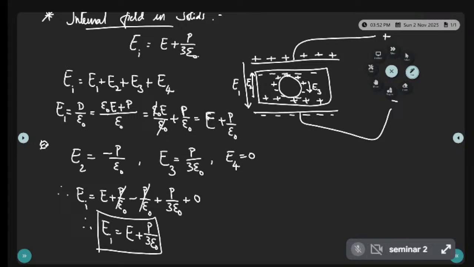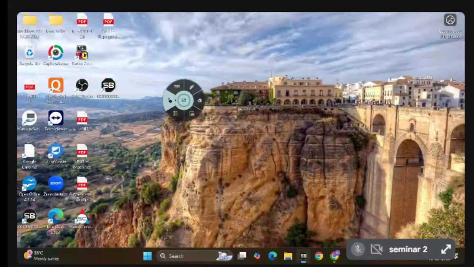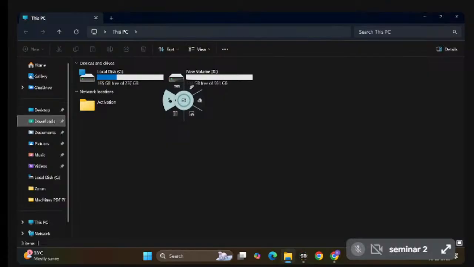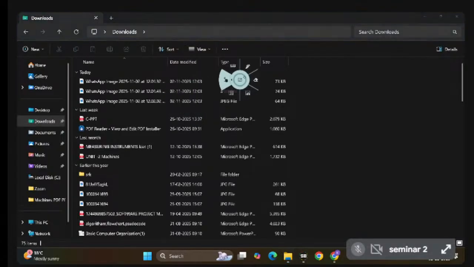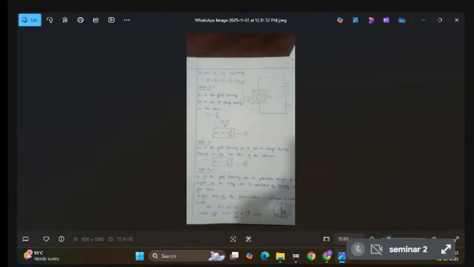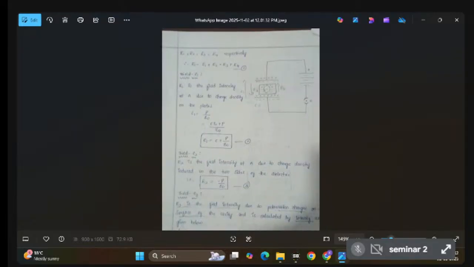How to see? This derivation part. Is it visible at the back?